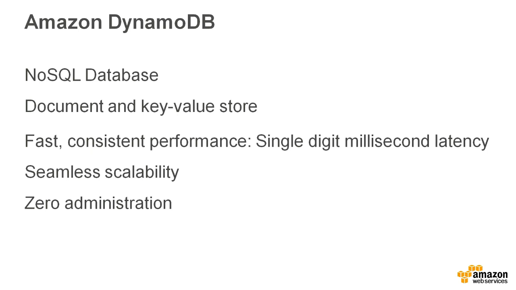DynamoDB is fast, with consistent performance, single digit millisecond latency, very less latent. As it is document oriented, it is highly scalable and can handle a large number of requests simultaneously. You roughly need zero administration when you go with DynamoDB.